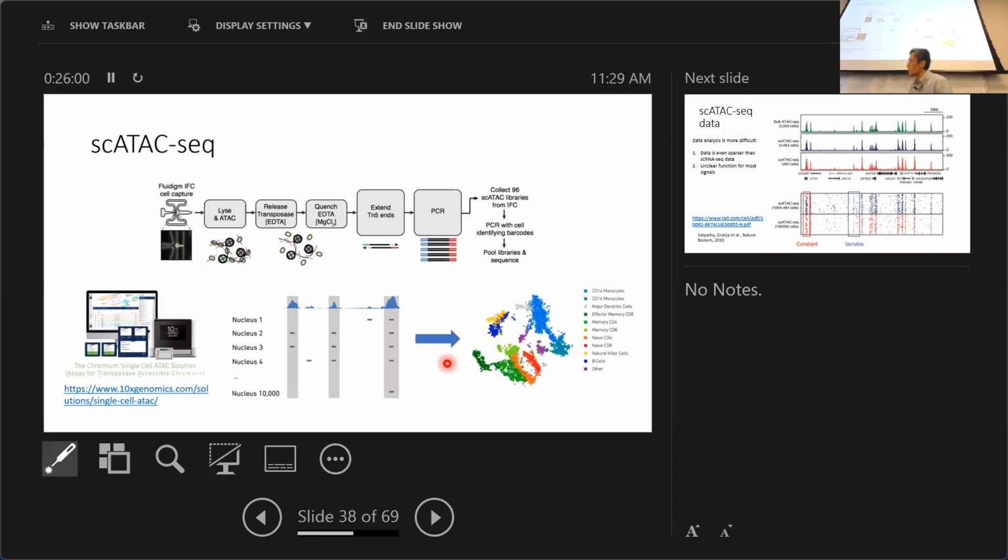So if you have a cell like this here, cell 1, and nucleus 2, in cell 1 you have this gene expressed, this gene expressed, this gene expressed. This profile will be aligned with a peak profile, and then another cell will align with another cell.